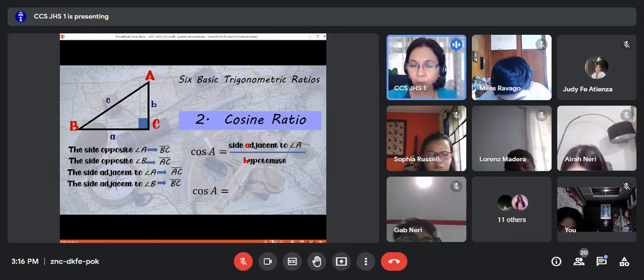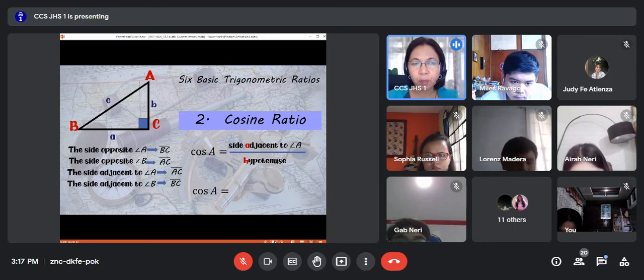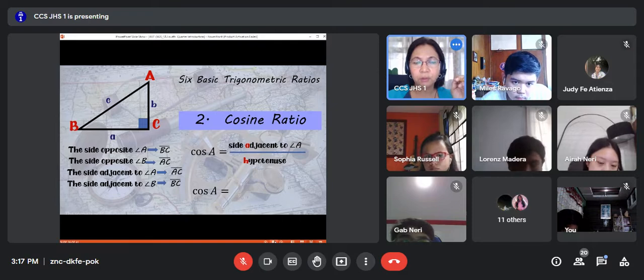In our figure, cosine of angle A is equal to what? That will be our ratio, if you're going to use our triangle. The ratio of what values?